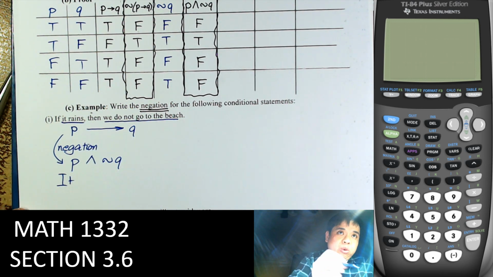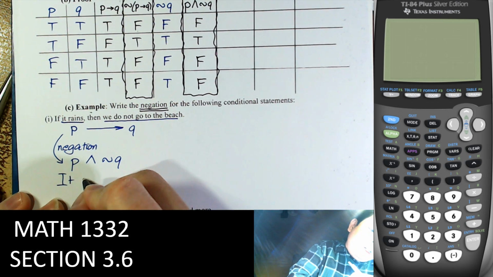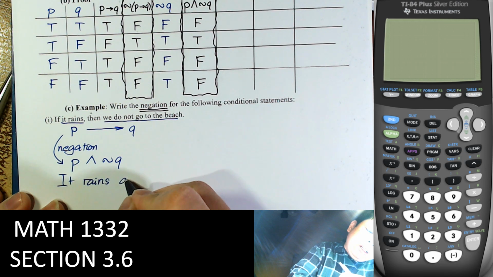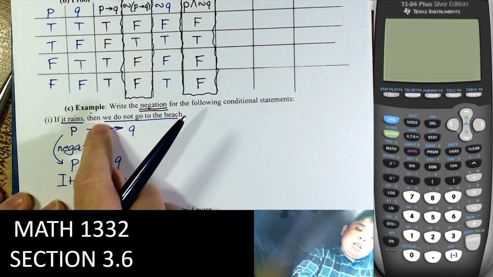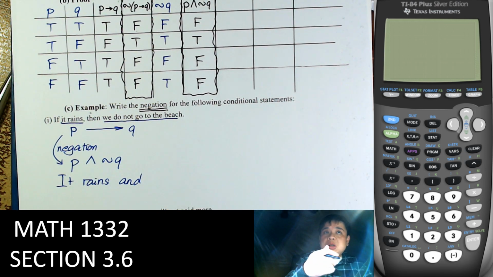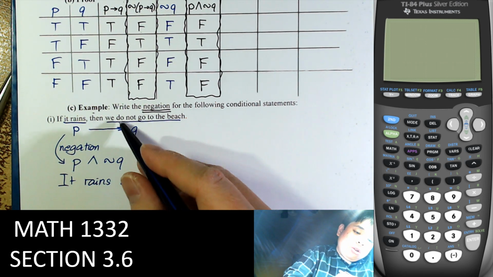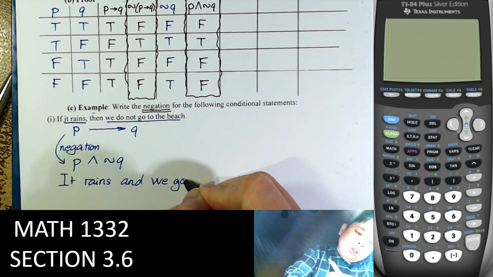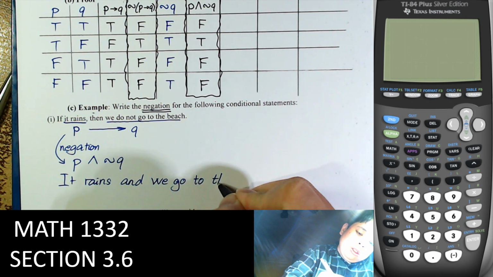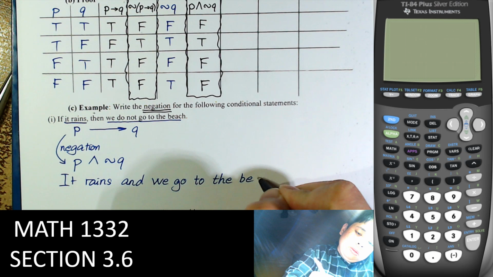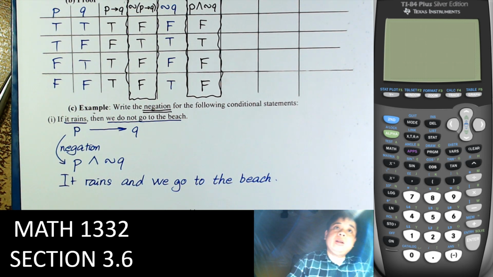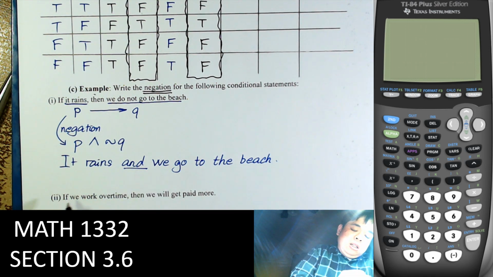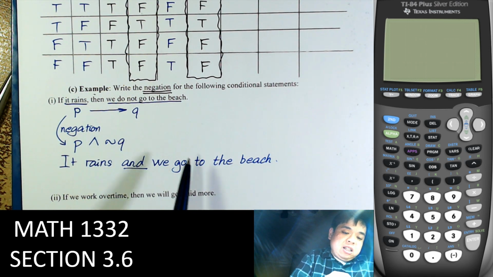So it rains, which is P. Then we have to turn this, we do not go to the beach, to the opposite value, so that we say, and we go to the beach. So again, it's just an AND statement, and we just negate the second statement.